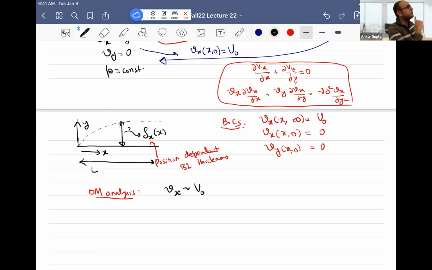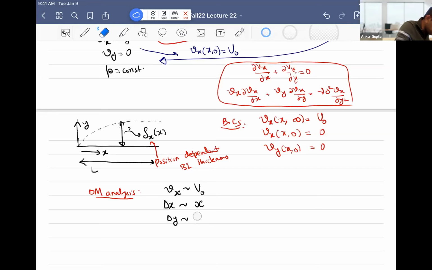Does this make sense to everyone? This Vx is U naught for each x. So for every x, this is roughly true. Then delta x, remember I had done this initially as L, but now I am saying it as x. So I want to clarify this, it is important. So just don't forget this. Delta y is delta of x. So I am basically now trying to make it a bit more specific rather than finding some general delta. I want to find it as delta of x.